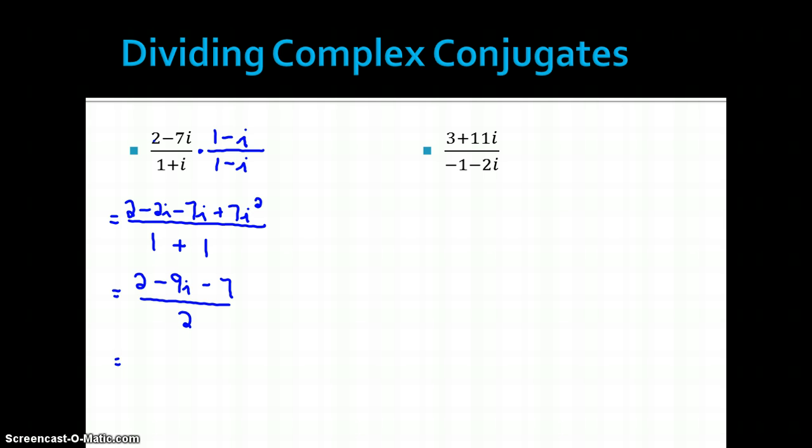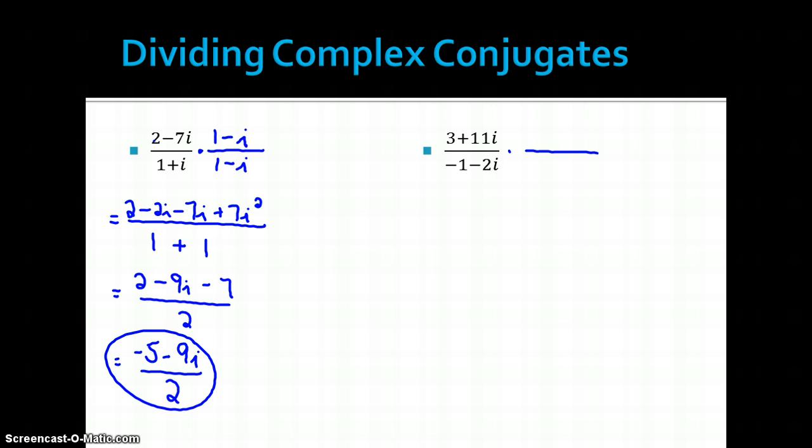And that simplifies down to negative 5 minus 9i all over 2. And that would be our final answer for that division of complex numbers. One more to go here, and we do have time for it.